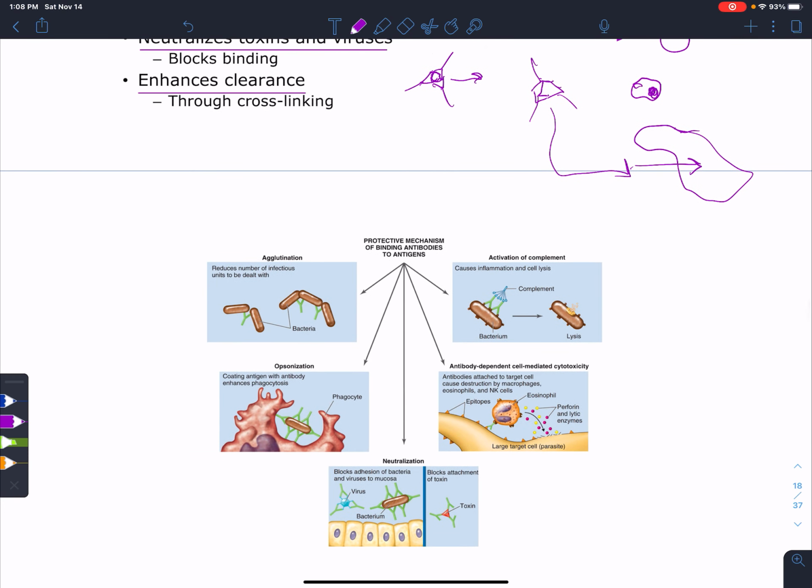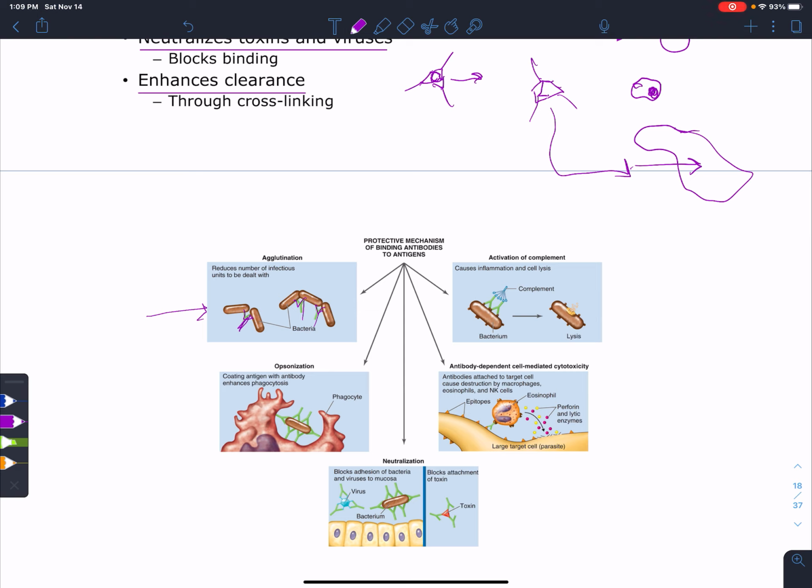And here's some more pictures. Yes, they're a little bit better than mine. Agglutination. So it can bind to 2 of these. It's going to make 3 of these clump together, easier to either phagocytize or remove through the spleen. It's going to make it easier to get rid of 3 at a time, less work than 1 at a time.